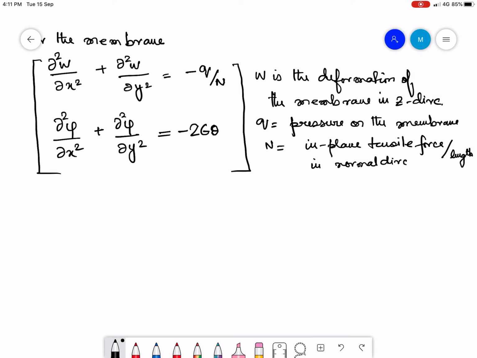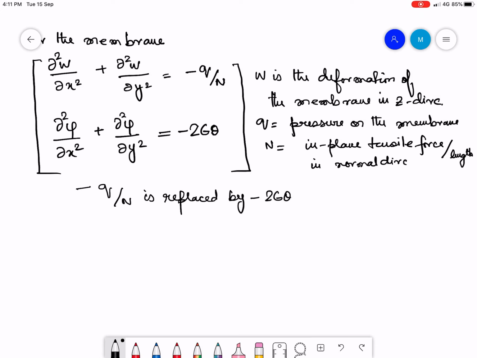The deformed shape of the membrane is going to be exactly the same as the Prandtl stress function for the shaft, provided minus q by n is replaced by minus 2 G theta.